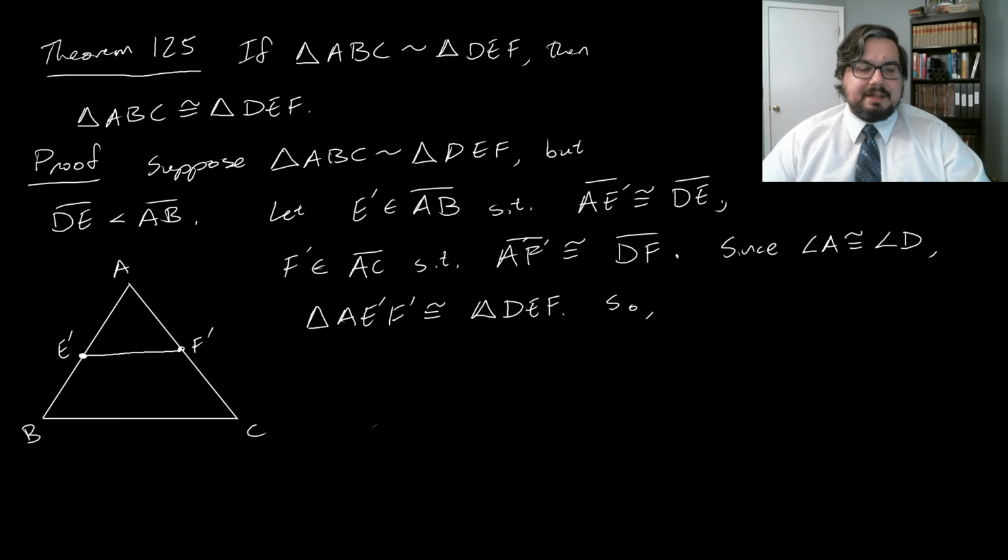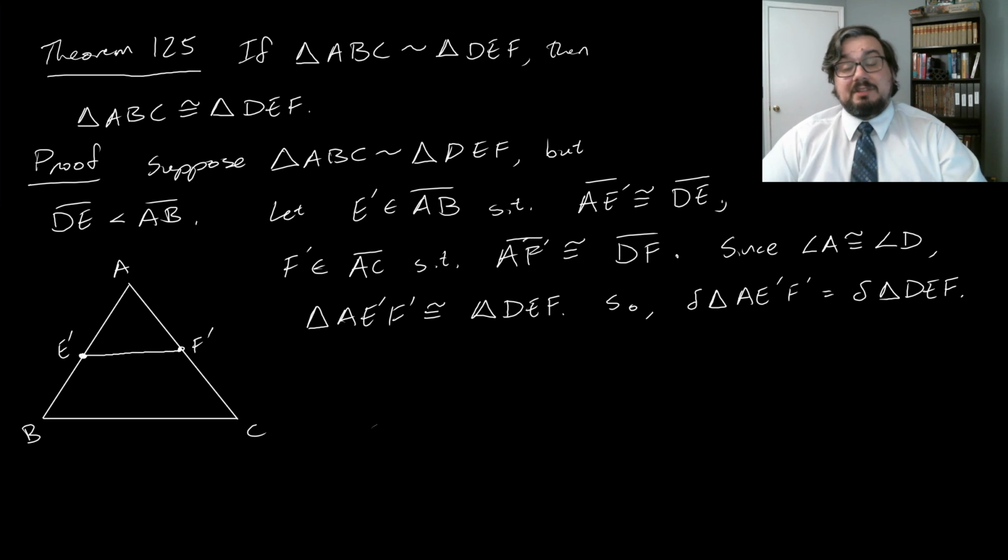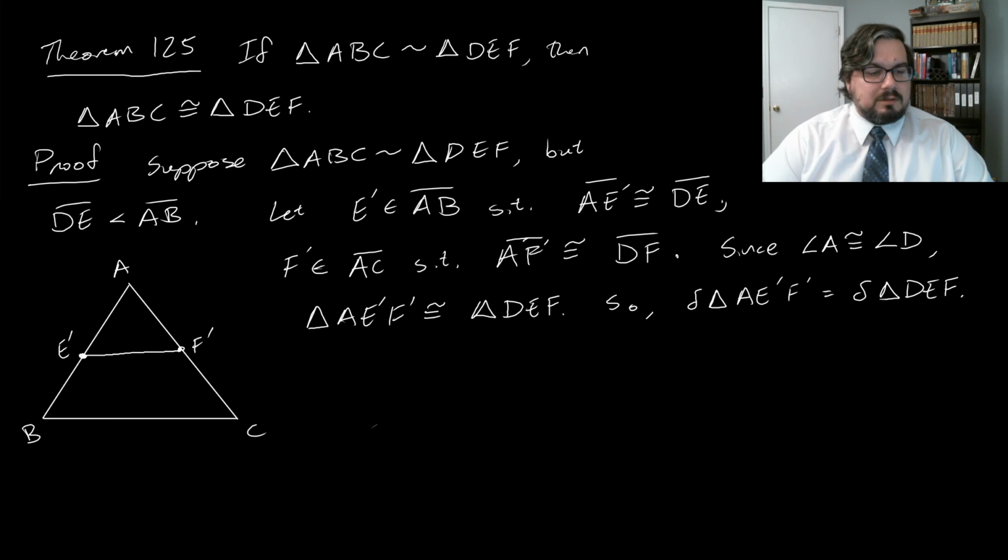So this means that in particular the defect of triangle A, E prime, F prime is equal to the defect of triangle DEF, because all of their angle measures are the same, and that's what defines the defect. However, look what we can do here.